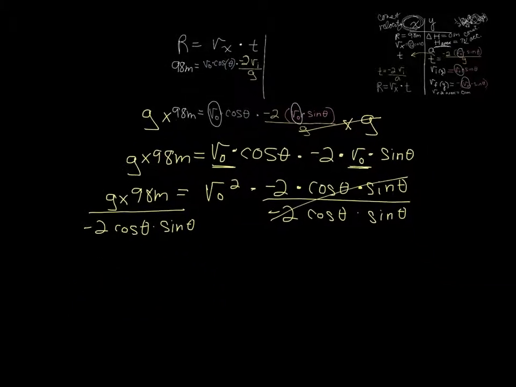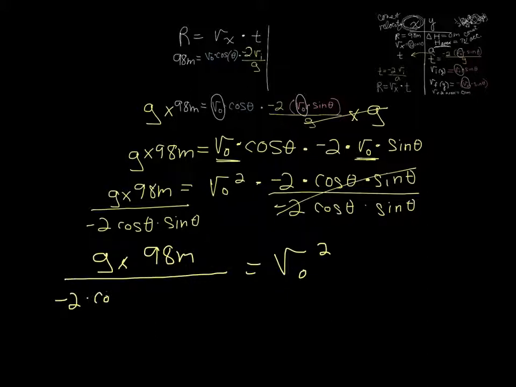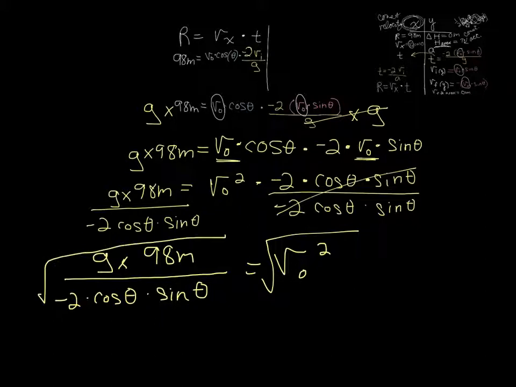Okay, so now I've got v naught squared is equal to g times 98 meters divided by negative 2 times cosine theta times sine theta. And then if I take the square root of both sides, I have solved for v naught.